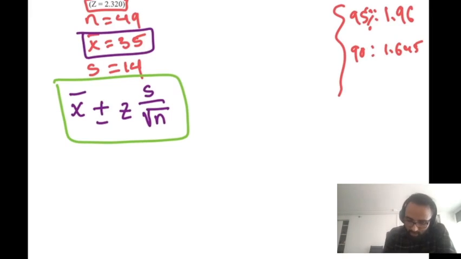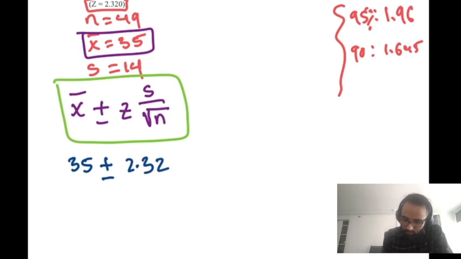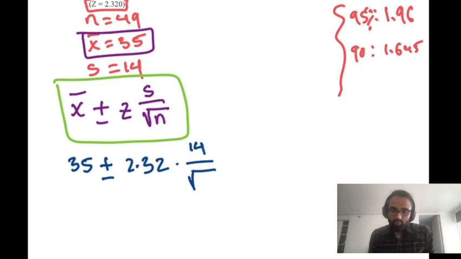Okay, all right. So we have x bar is 35 plus or minus the z-score that we have, 2.32, times the standard deviation, 14, over the square root of n, which is the square root of 49. With this, we will get to an interval.